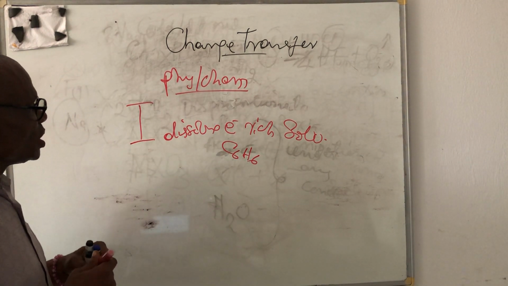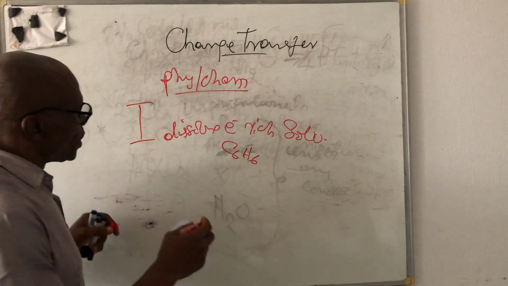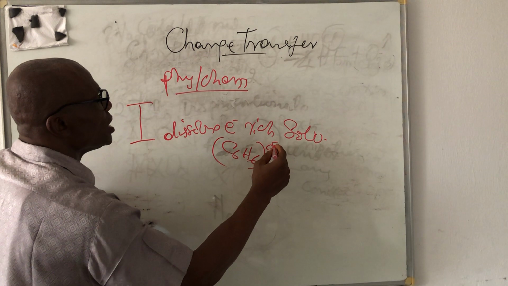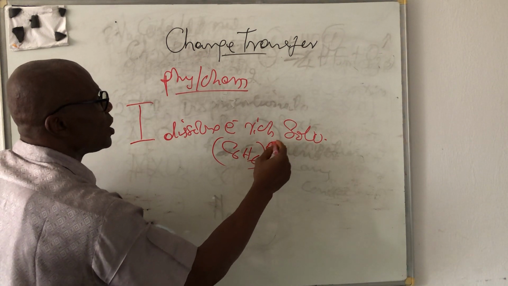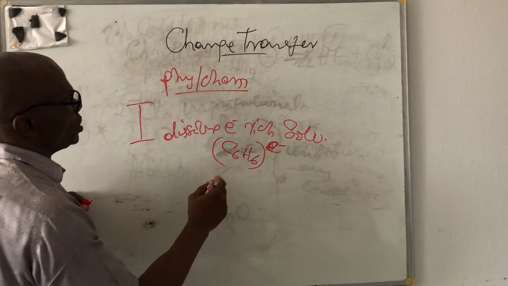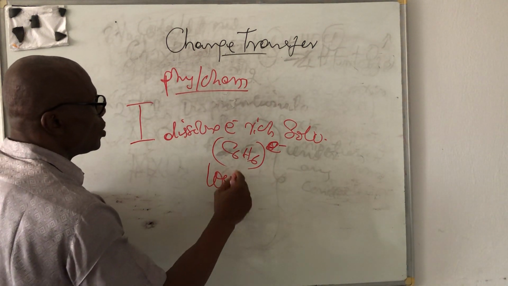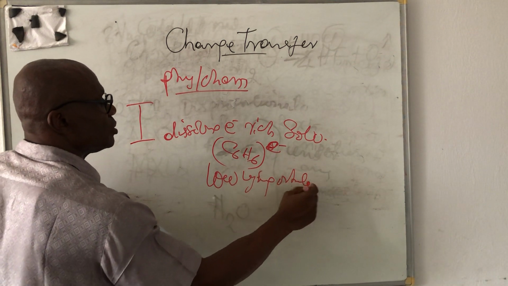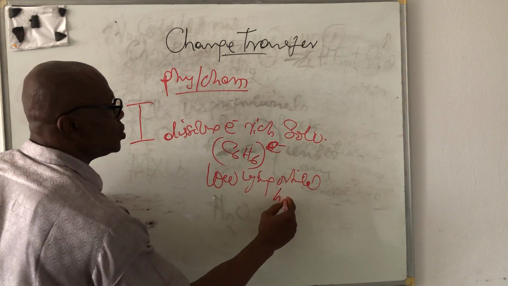This color change is said to be because the benzene, being electron rich, shall donate electrons into the low-lying orbital of the halogen.